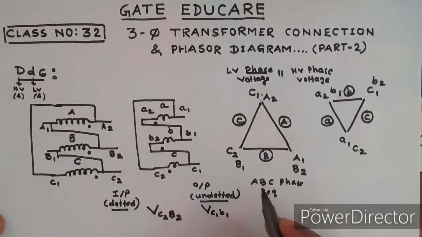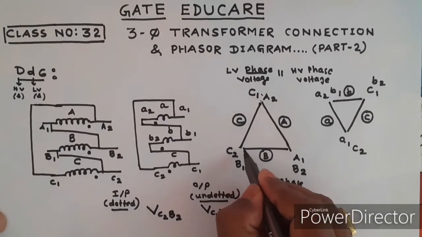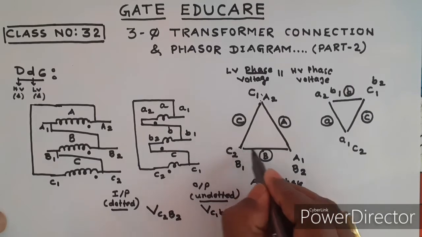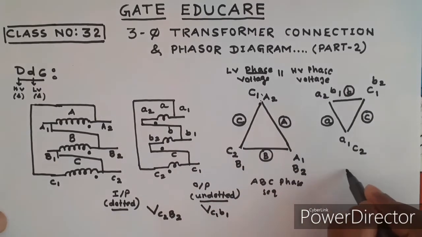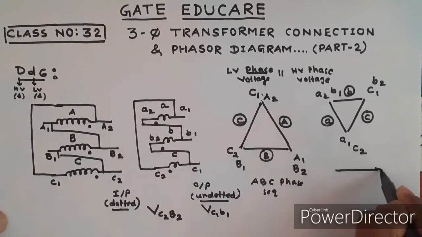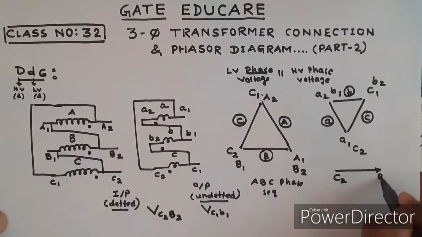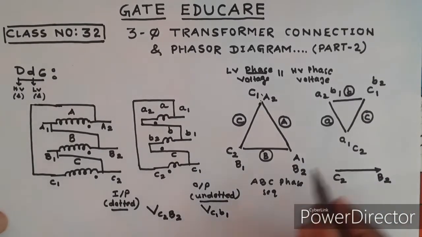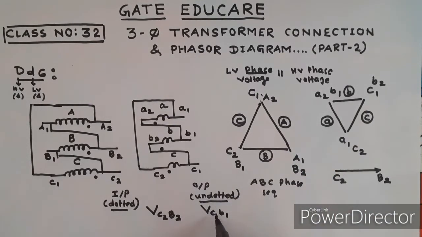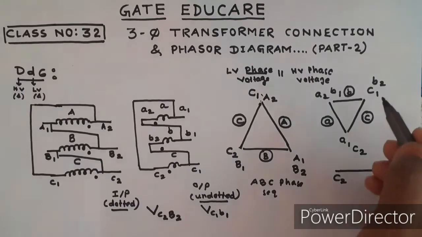Here C2, B2 is your high voltage line voltage. What is the low voltage line voltage? It is C1, B1.